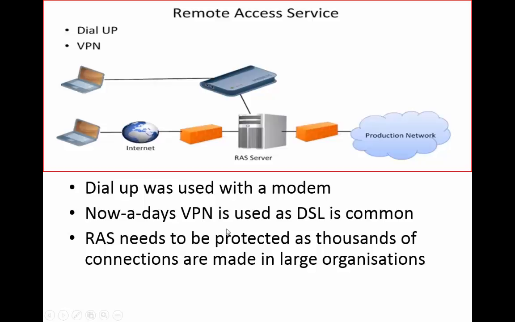And nowadays VPN is used as DSL is common. RRAS, or remote access service in Windows, needs to be protected, as thousands of connections are made in large organizations. So we know that we can connect from DSL connections. So there's a DSL router in New York, there's a DSL router in Toronto, and we can connect with each other if we have the proper IP addressing and VPN connection.